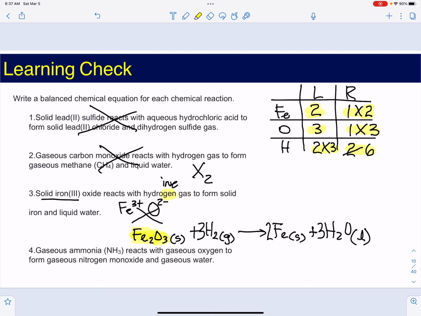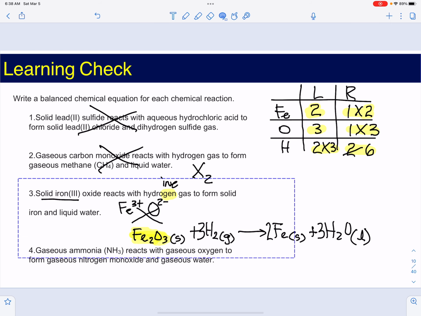If the formula is wrong, like if I put Fe3O2 instead of Fe2O3, the equation will never, ever balance. So if you find yourself struggling with an equation, stop and go check the formulas again. Because once you get the formulas down, it shouldn't be that difficult to balance the equation. It should keep track of everything. So that would be how we do number 3.